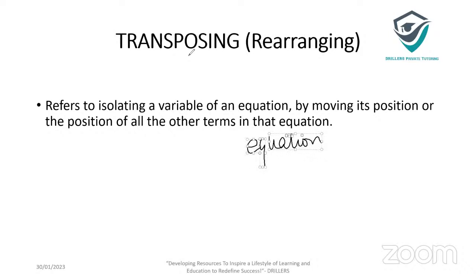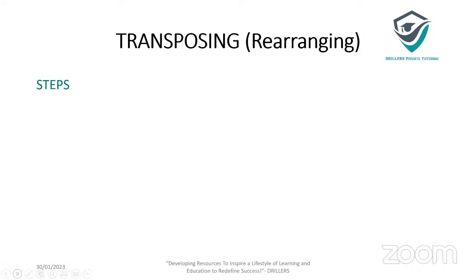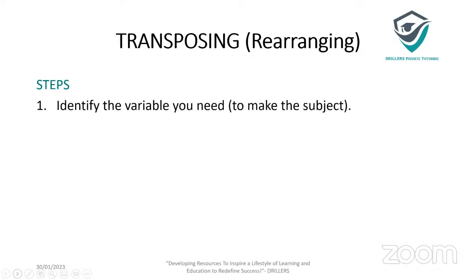So when we talk about transposing, we're just saying that we have some equation and we want to isolate some variable in that equation. So we're going to look at examples. Of course, when we transpose, there are steps involved. The first thing we have to do is identify the variable you need.